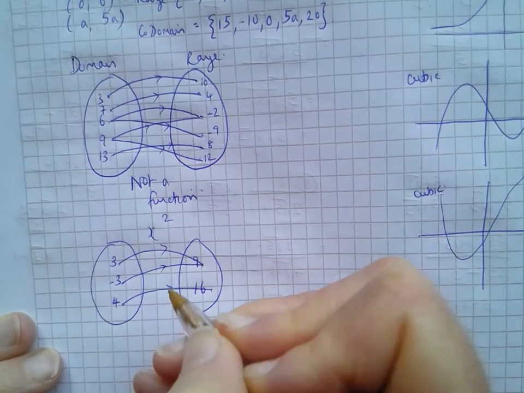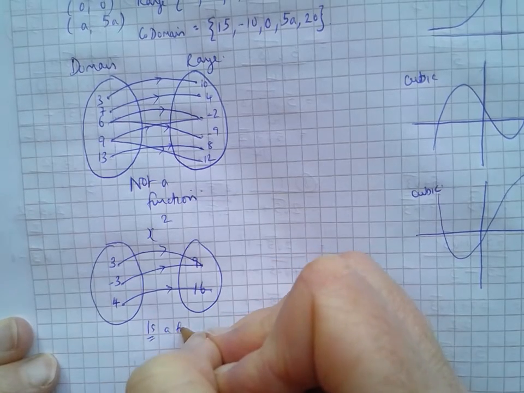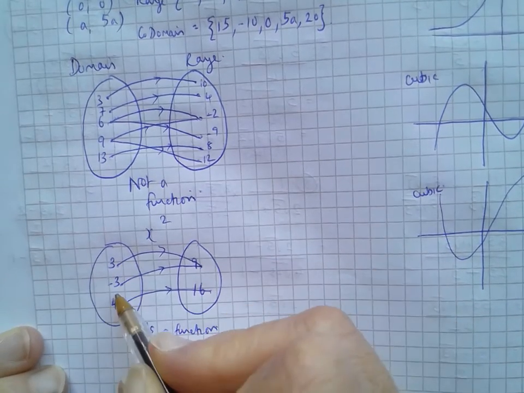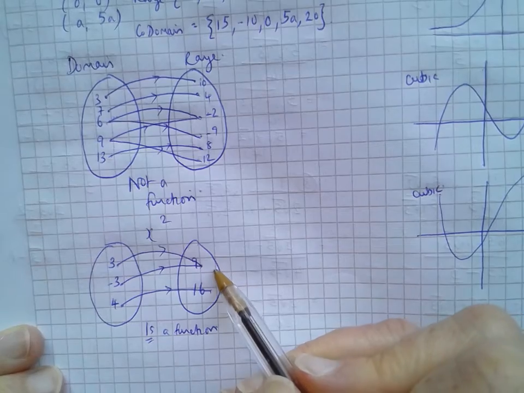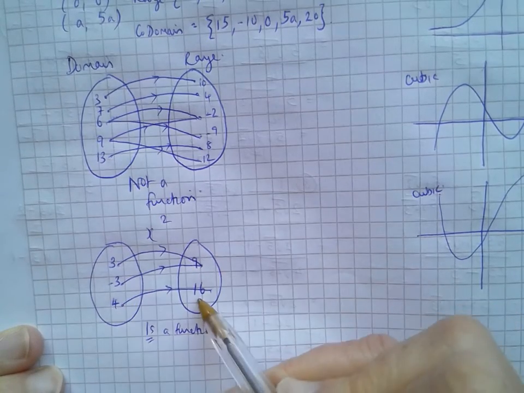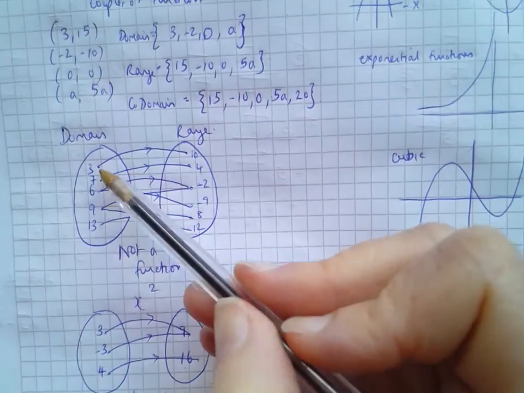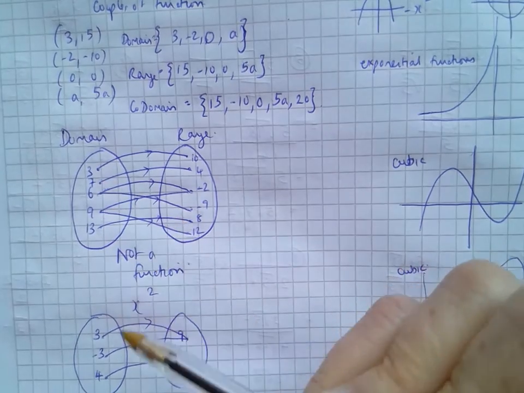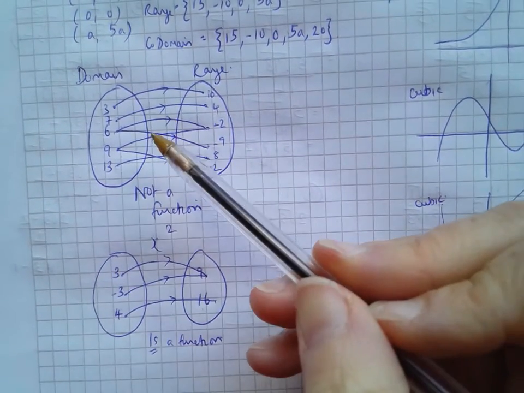This is a function, because each input only has one output, which is 9 here, or 16, whereas here some inputs have 2 outputs, so they're not functions. So this is a function and this is not a function.